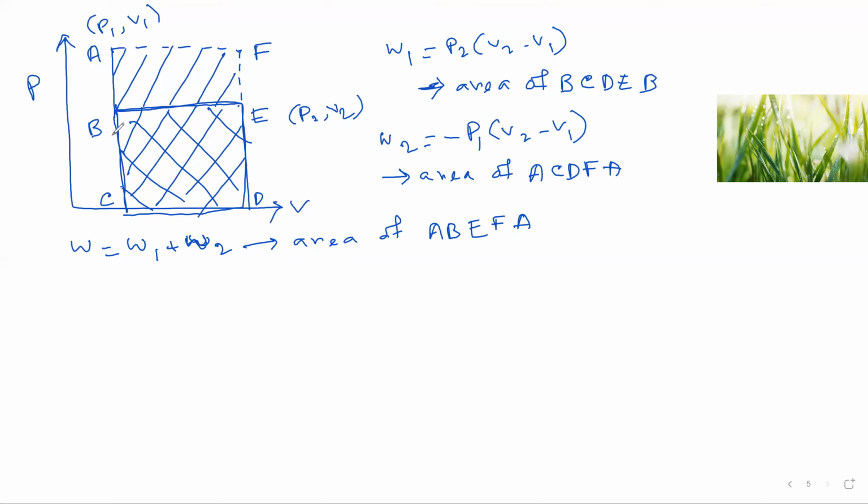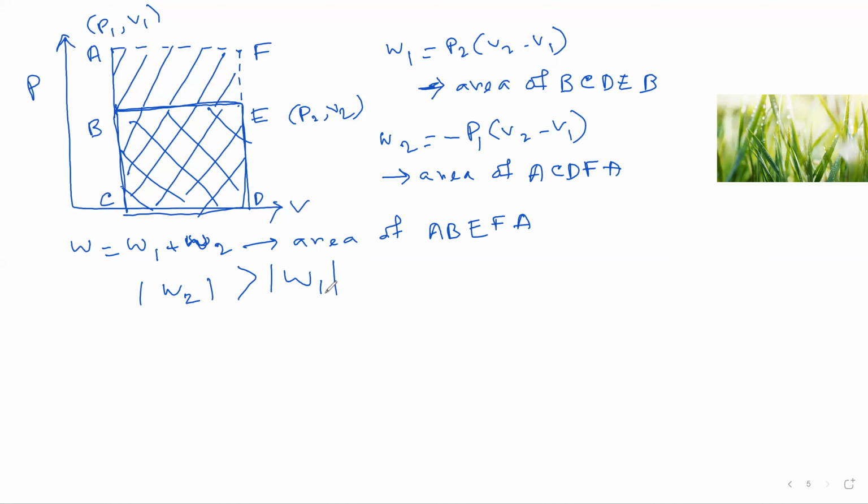So this will be the total work done. As we always know, W2 magnitude is greater than W1. So we can write this in terms of the PV diagram like this. Okay, so this is the work done in case of irreversible cyclic process, that will always be negative.